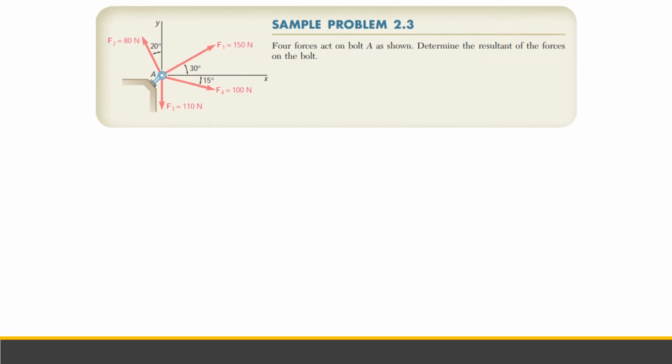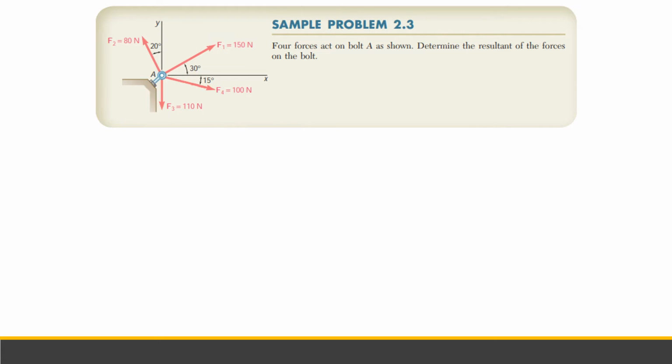Okay, so let's have a problem considering more than 3 forces. 4 forces act on a bolt A as shown. Determine the resultant of the forces on the bolt. In this figure, this is as good as the free body diagram.